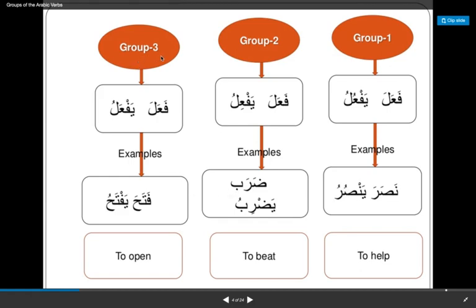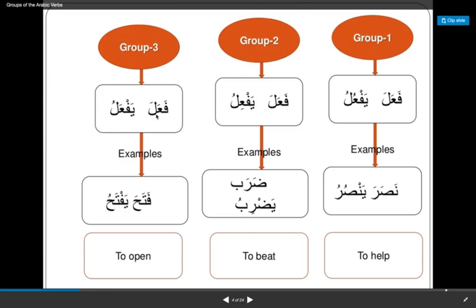Now, group 3 also has the same simple past. الماضي is the same: فعل, فعل, فعل. But the present tense changes. The third letter changes the haraka. For group 1, we have a dhamma with the third letter, for group 2 the third letter took a kasra, but here in group 3, the third letter took a fatha.